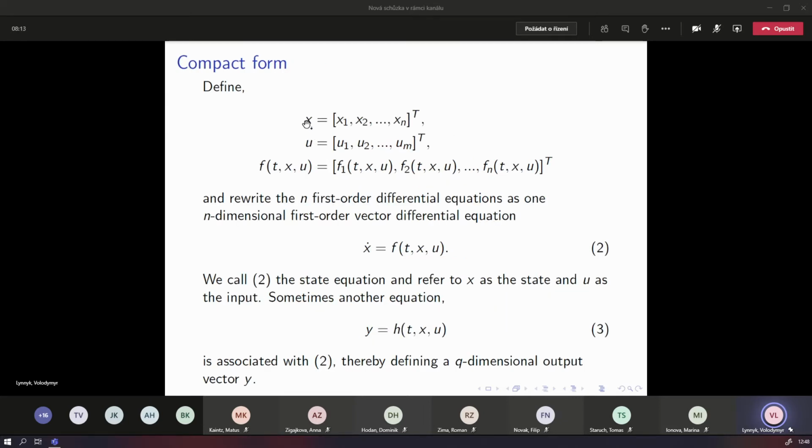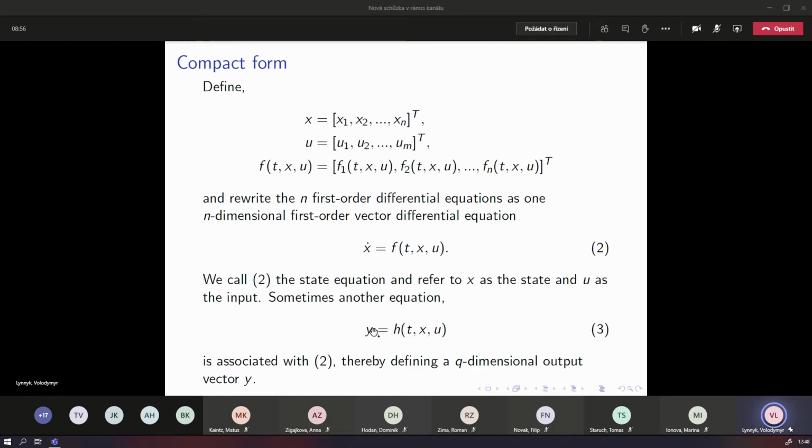Define x equal to x1 to xn transpose, u equal to this vector transpose, and the function f of t, x, u equal to this vector function transpose, and rewrite the n first order differential equations as one n-dimensional first order vector differential equation. x dot equals f of t, x, u, and we call that equation 2 the state equation, and refer to x as the state, u as the input.